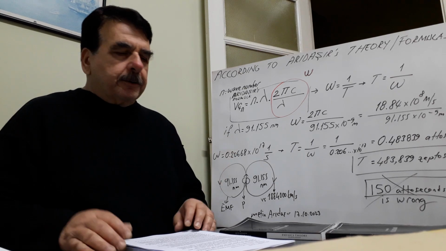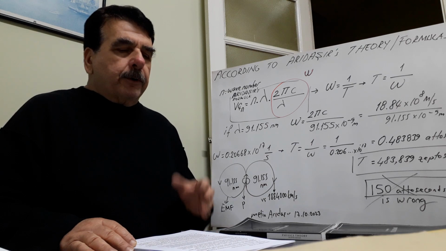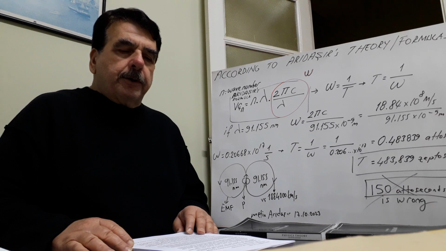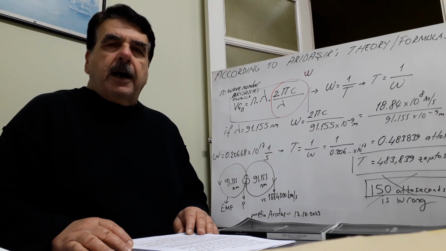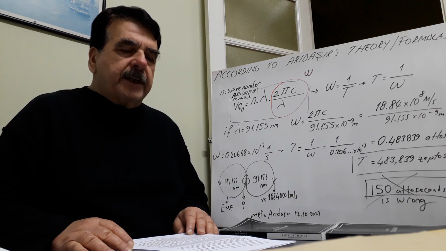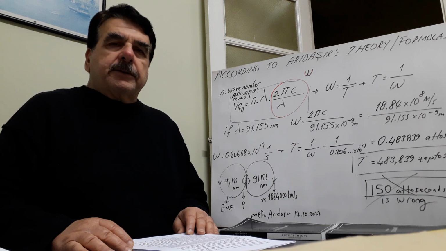This is wrong. Not electron, but a photon orbits the proton on the boundary of a ground state hydrogen in 484 zeptoseconds, in roughly 310 times less time.